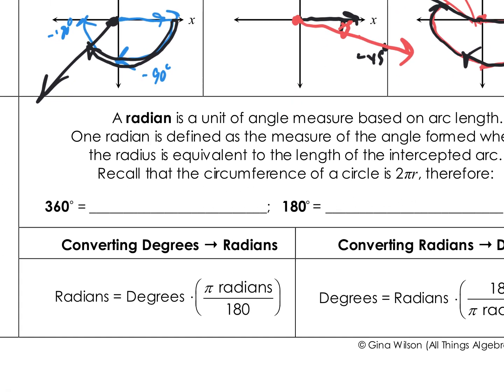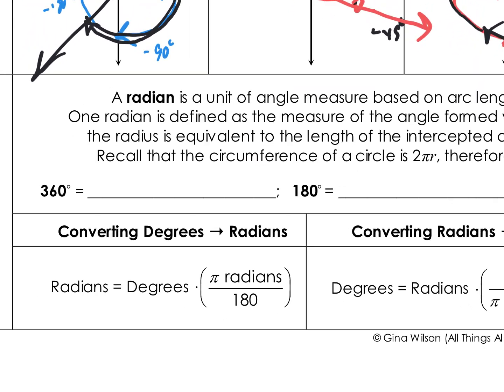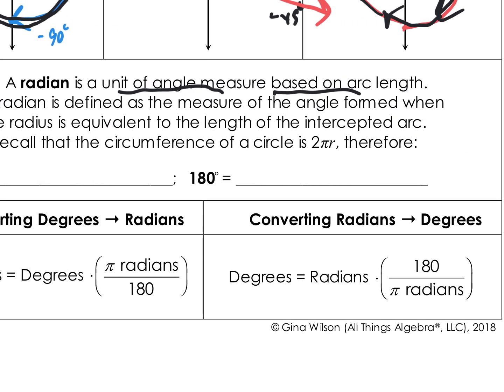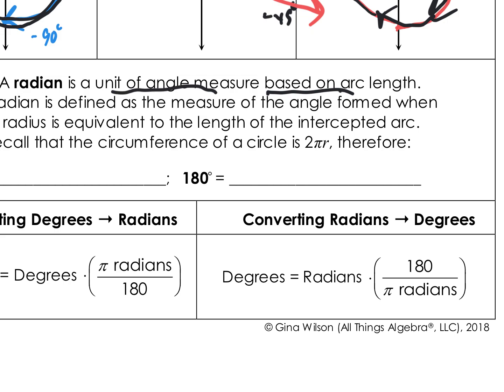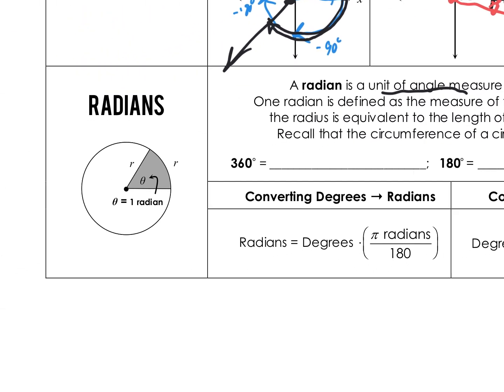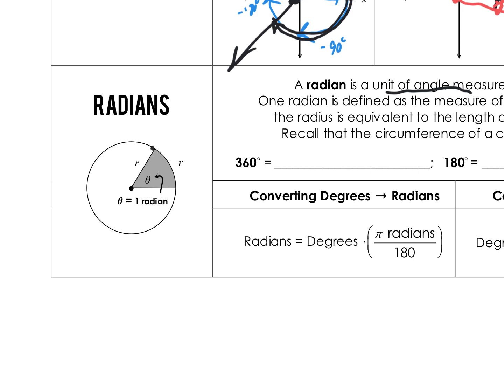So now, a radian is a unit of angle measure based on arc length. That is true, arc length. An arc length is a distance like from here to here.